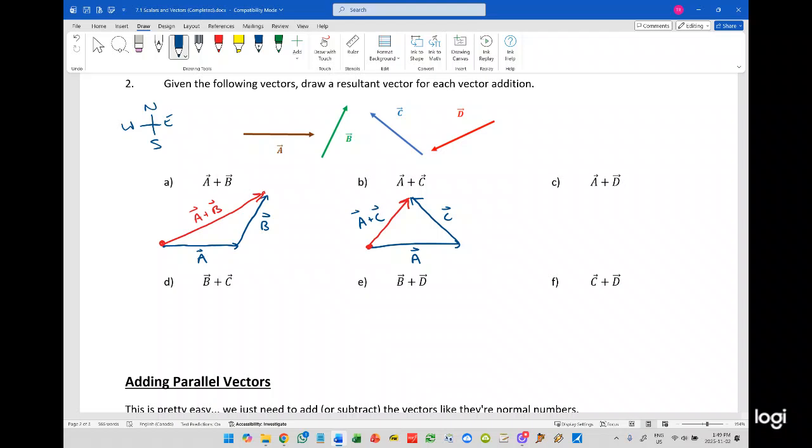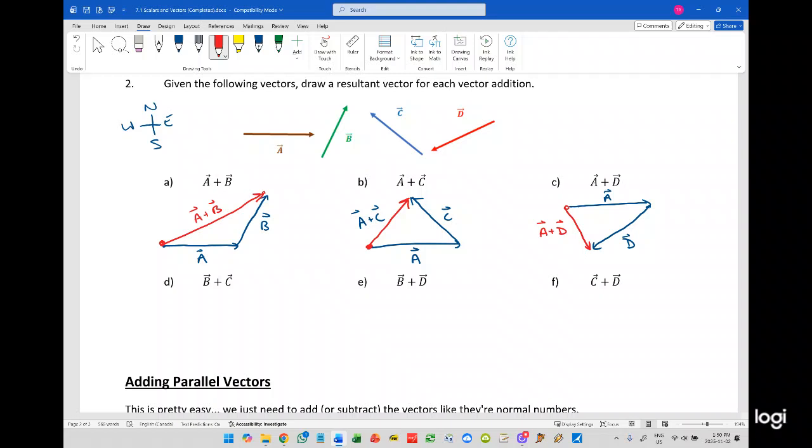A plus D. Now D is going southwest, so this one I have to start a little higher because I know I'm going to go down from there. So there's my A, and then D goes something like this, give or take. And so I started there, ended there, and that's going to be A plus D. Now, by the way, this one's not a perfect example of it, but I think you'll get the idea.